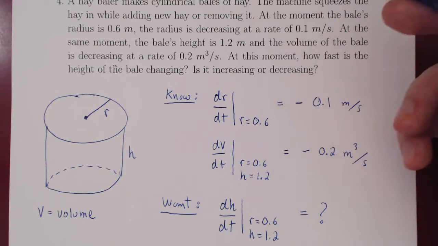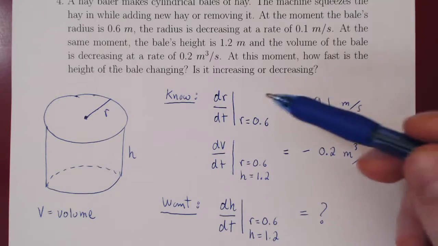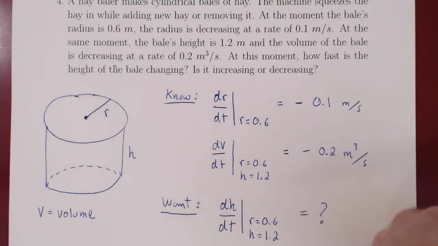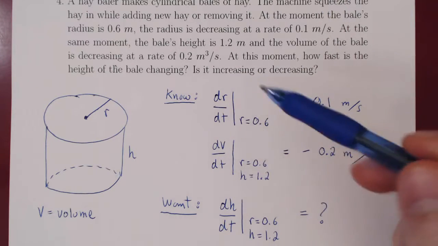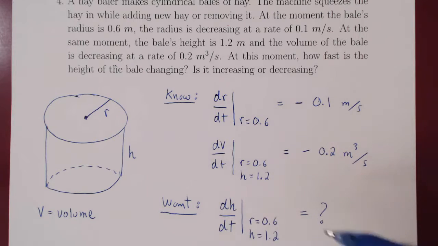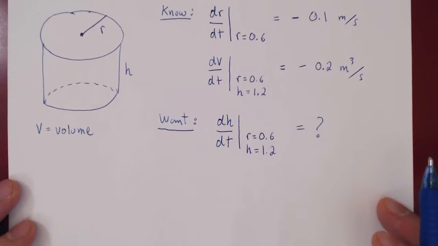So now we can forget the word problem. We have a complete translation of the situation. We have a picture where we have labeled the key variables of interest. We have the rates of change that we know, and we know the rate of change that we are trying to find. What we need now is a relation.